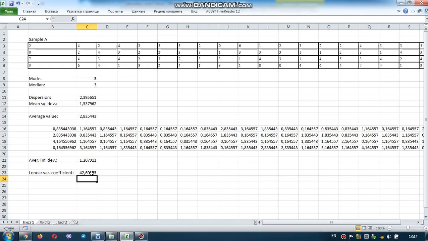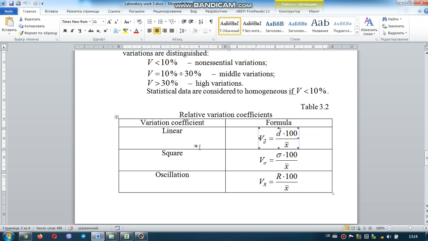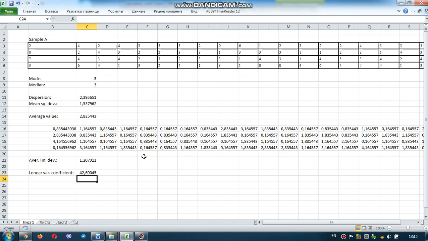Linear variation, okay, and square variation coefficient.